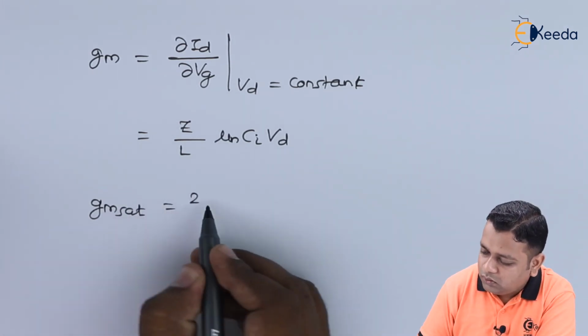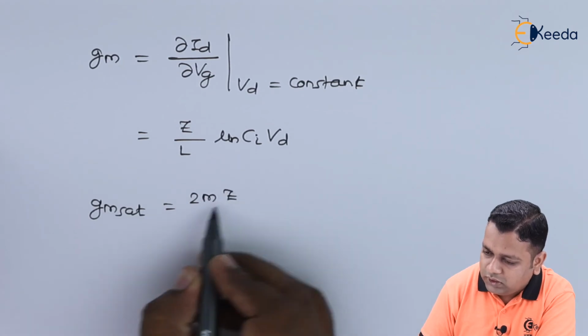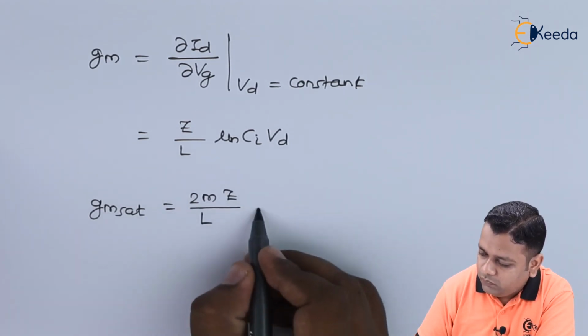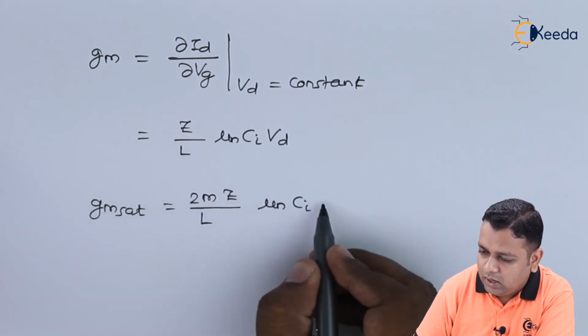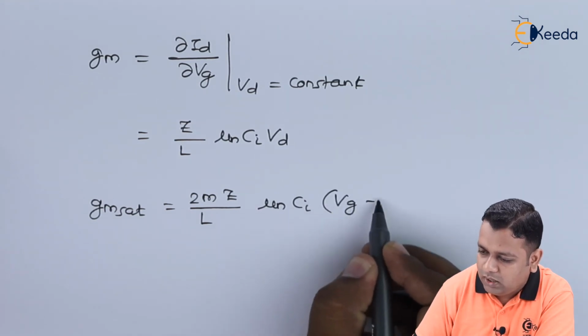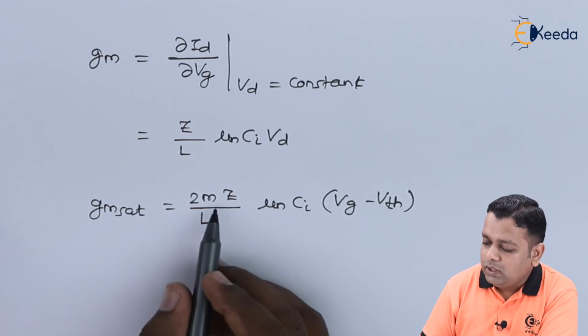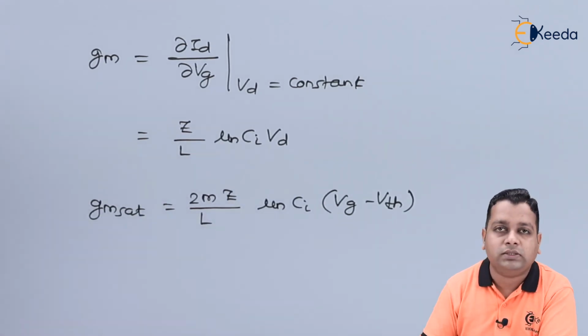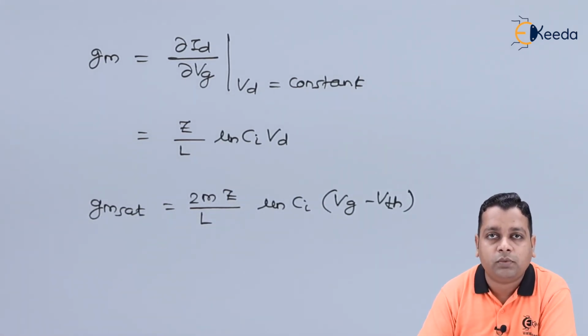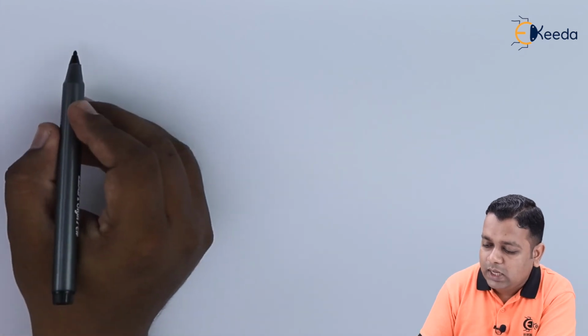So here it is twice into m into Z divided by L, mu n, Ci, in the bracket Vg minus Vth. The meaning of the m is the same as we have just shown in the expression of drain current. Now, as an extension, we can express the channel conductance.